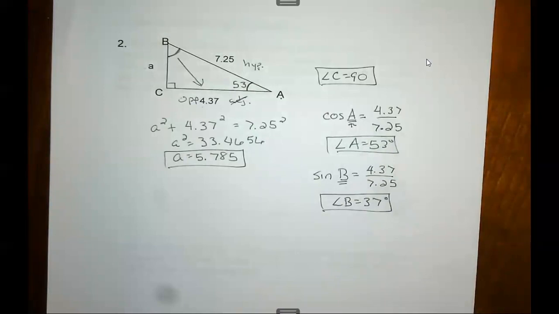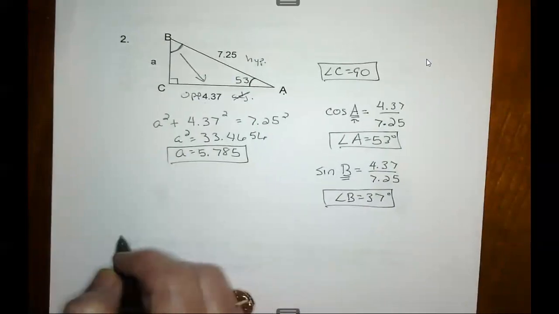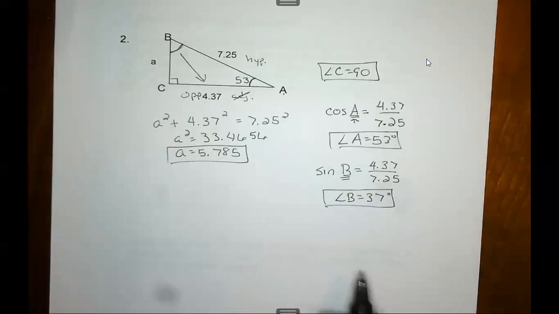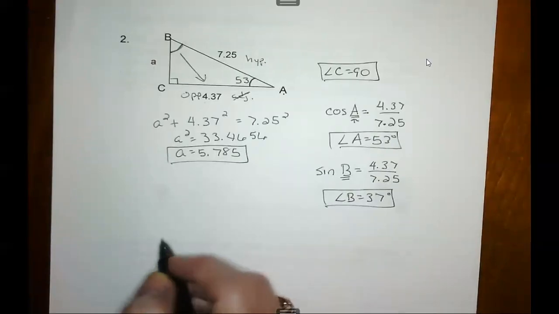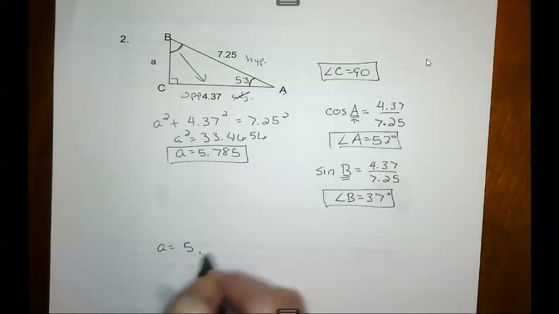Okay. Now, on your homework, there's a section in there where they did not draw the triangles. They just tell you stuff like this. They're going to tell you to find all the missing parts, just like we were doing, and they might tell you that side A is 5 and side B is 7.